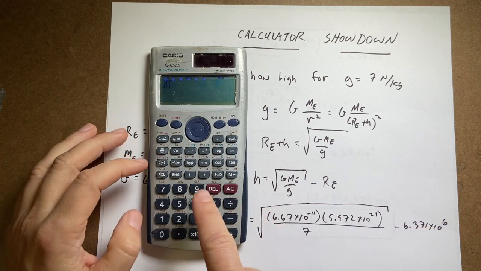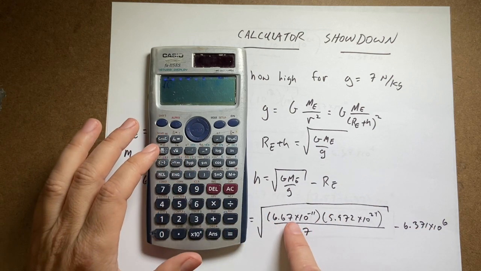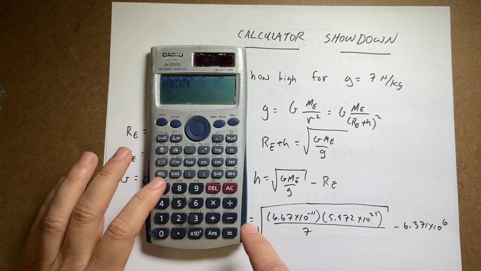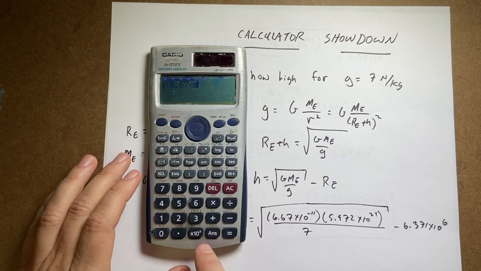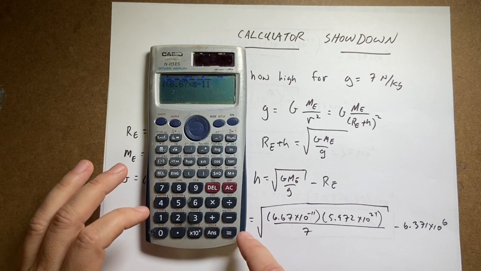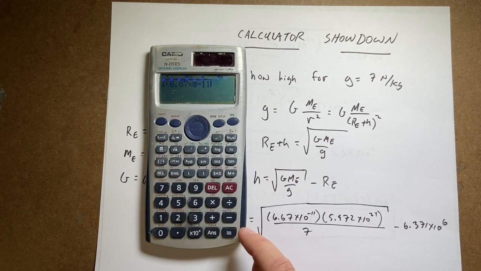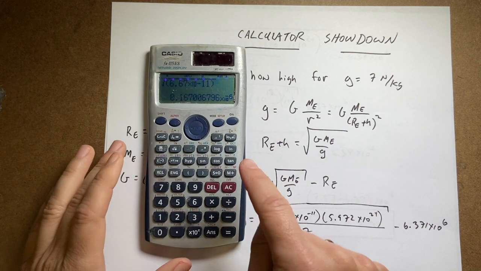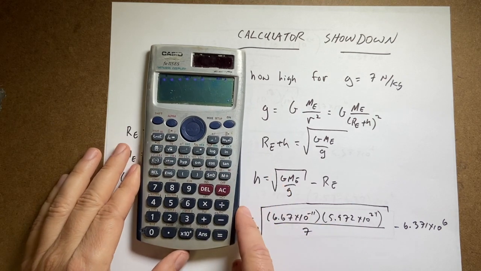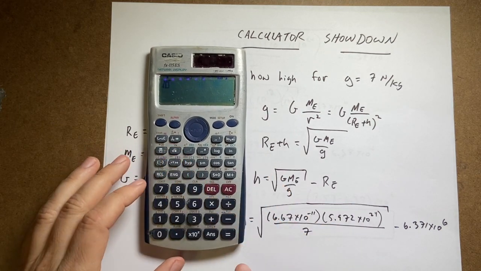Let's see how that goes. I'm going to use parentheses, even though you probably don't need to. 6.67 now times 10 to the negative 11. I don't think that's right. Let's just see if it does that. Okay, I think it did, because it gave me 10 to the negative 6. Okay, so I'm learning things as we go along.